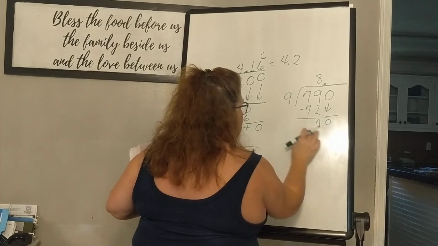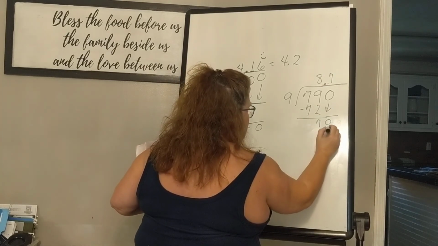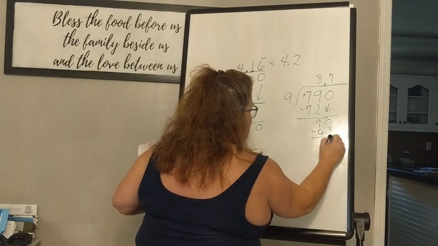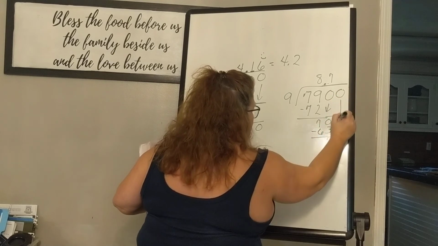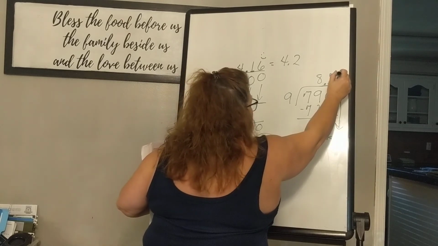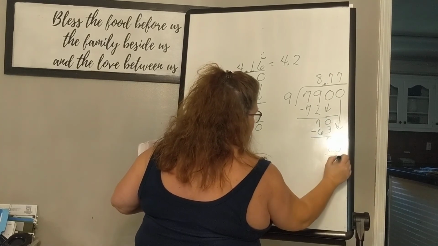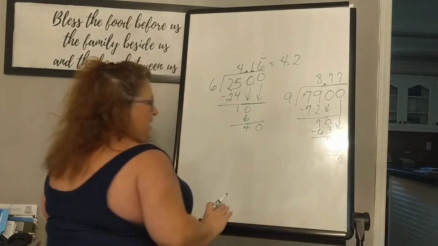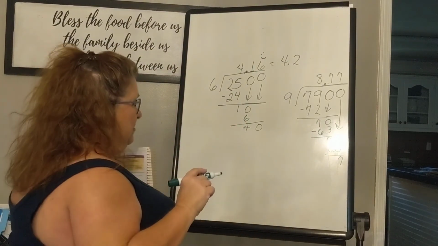How many times will 9 go into 70? 9 times 7 is 63. We subtract, we have 7. We annex a 0. We bring it down. How many times will 9 go into 70? 7 times. 9 times 7 is 63. And we have 7.